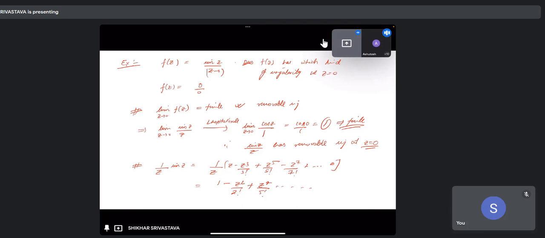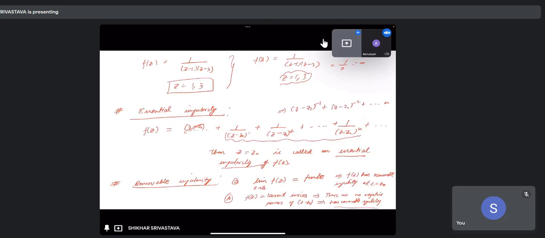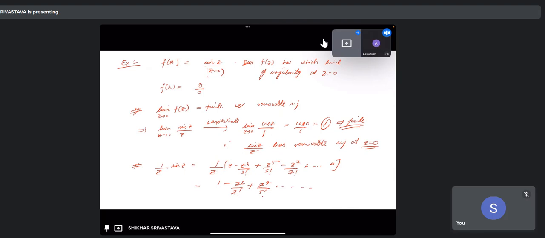So what I told is that for a removable singularity, first find the Laurent series expansion and then find if there are any negative powers. If there are no negative powers, then it is a removable singularity. So you see that this function has no negative power in z. It has only positive powers, 2, 4, and z to the power 0.